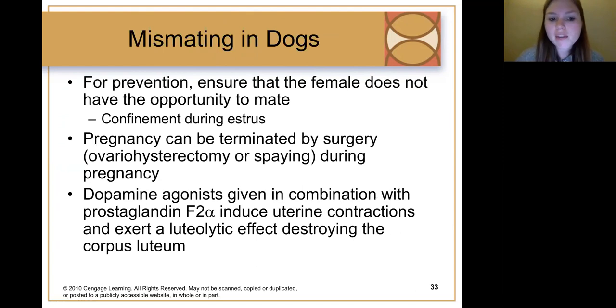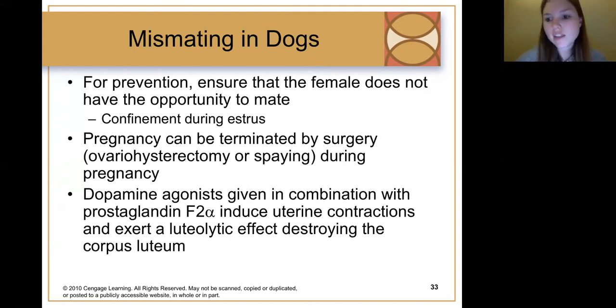Pregnancy can be terminated by surgery or obviously by spaying, which would just prevent it anyway. But you can do that during pregnancy in order to terminate that pregnancy. Other ways to do that would be dopamine agonists that are given in combination with a prostaglandin, which will induce uterine contractions and exert a luteolytic effect.